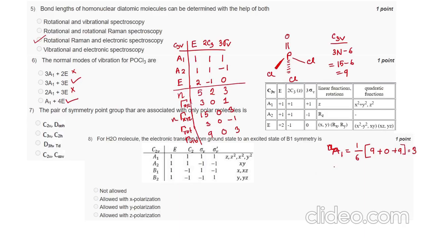What about A2? 1 upon 6, 9 plus 0 minus 9, so it will be 0. What about E? 1 upon 6, 9 into 2, 18 plus 0 plus 0, so 3. So your gamma vibrational is actually 3A1 plus 3E. So actually this is also a wrong answer. This is the correct answer.